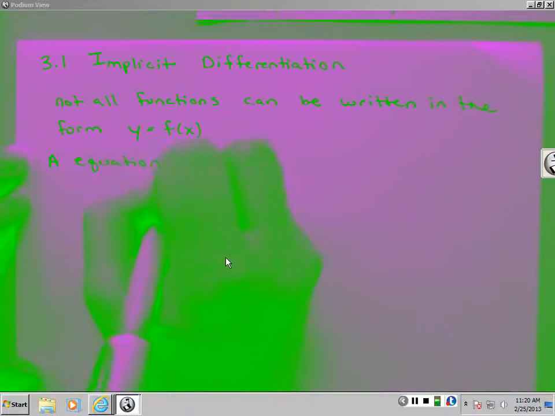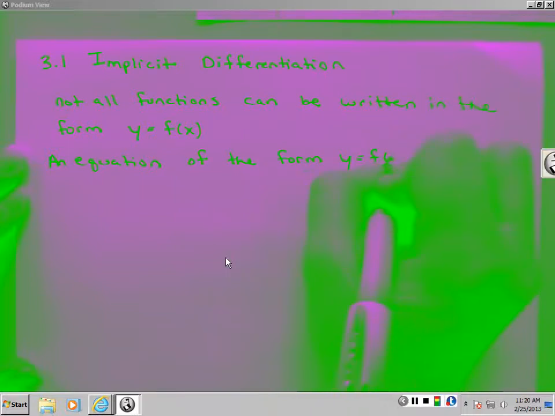An equation of the form y equals f of x is said to define y explicitly.